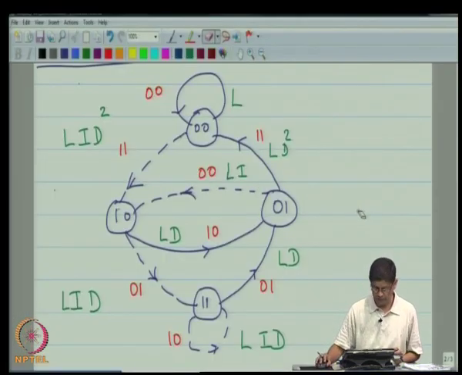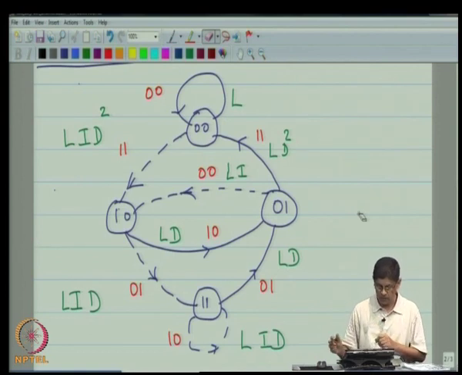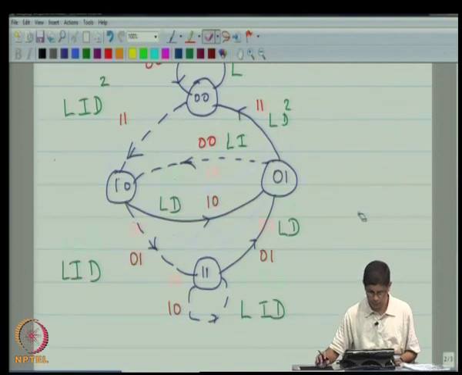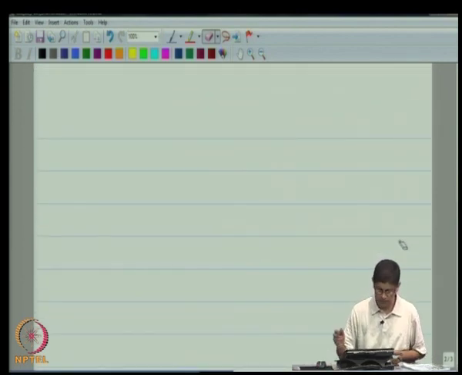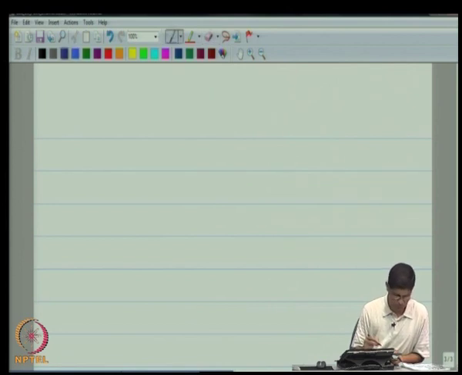Our starting point is this finite state machine, but since we want to start at the all 0 state and come back for the first time to the all 0 state, we will draw what is called a modified state diagram for the convolutional code.